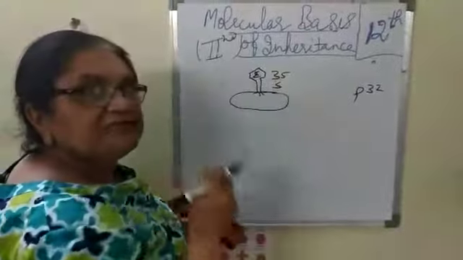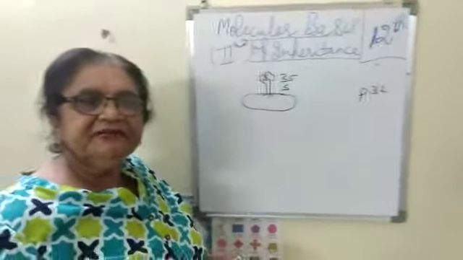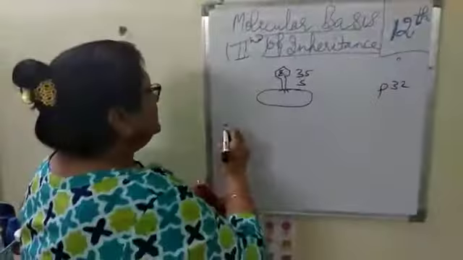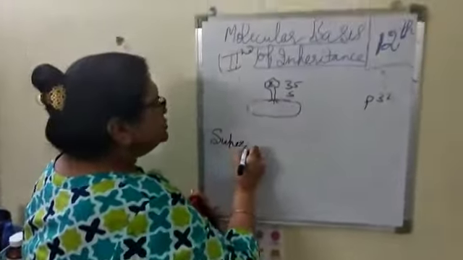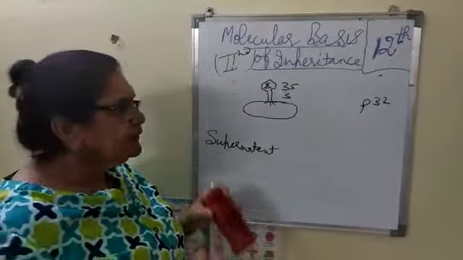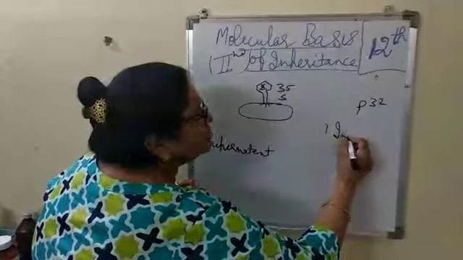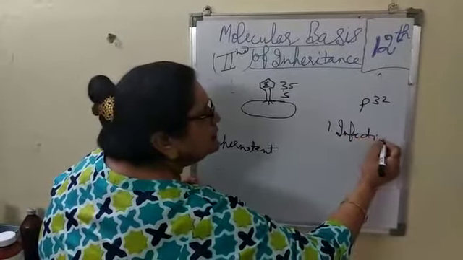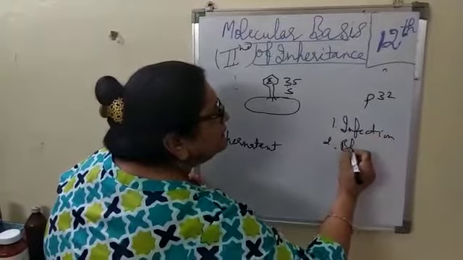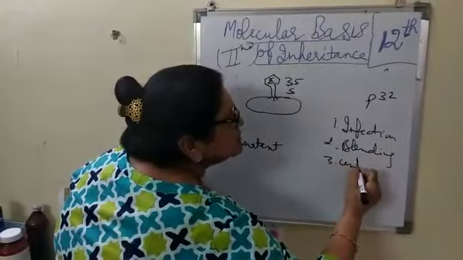So infection was done. Then blending and centrifugation. After that, there is a formation called supernatant and pellet. Then it was found. Three steps you have to write: infection, very important, blending, and centrifugation.